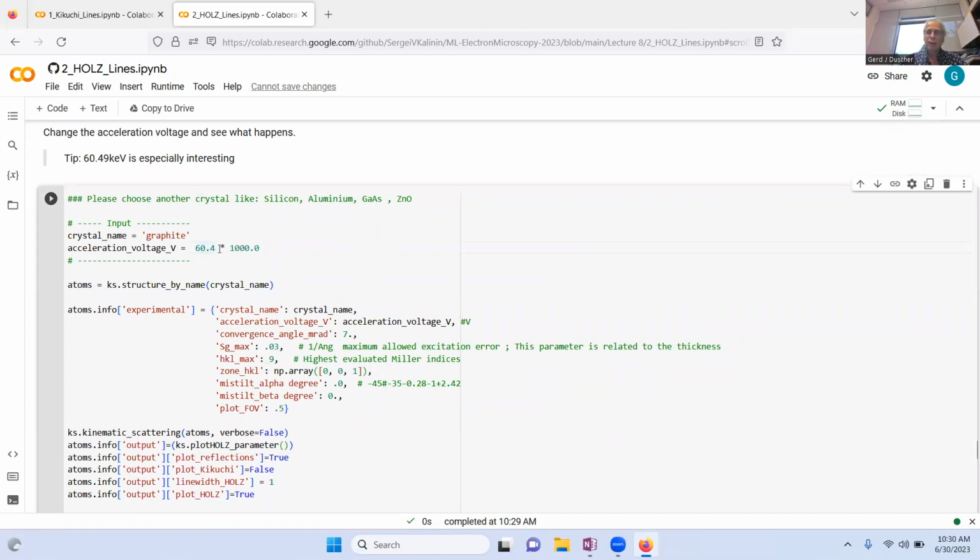So if we do that, we can calibrate with a known sample very accurately where we are with our electron microscope. If we then go to an unknown sample, we know exactly our experimental conditions.